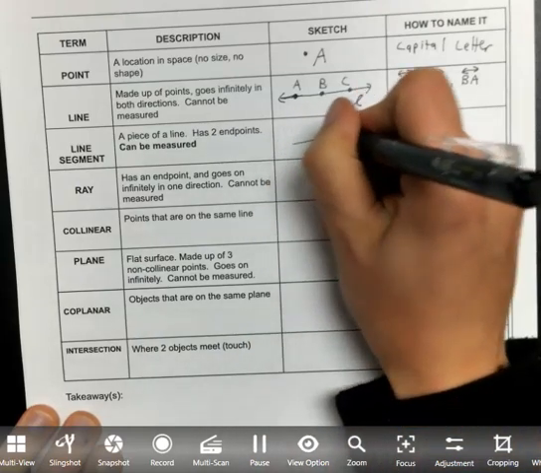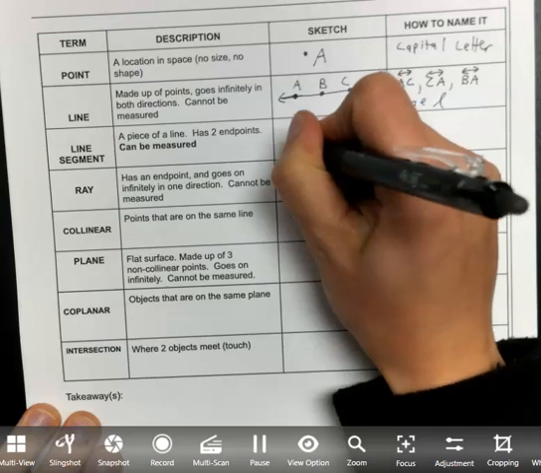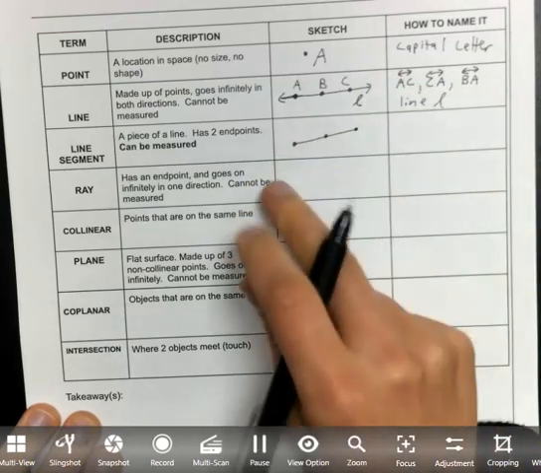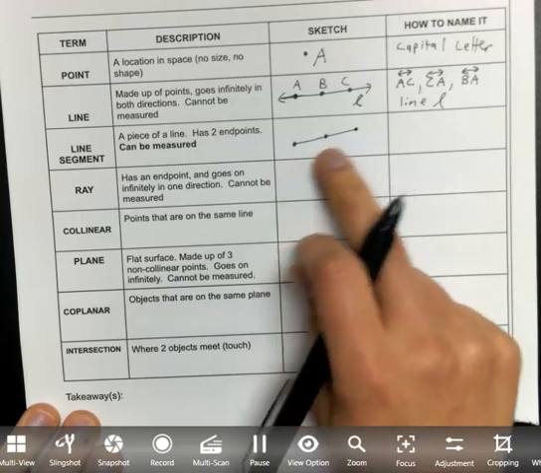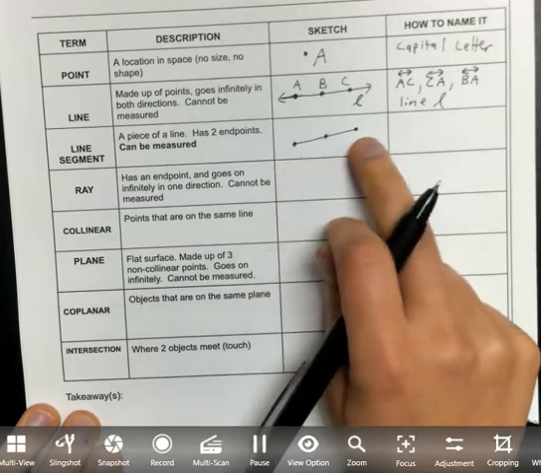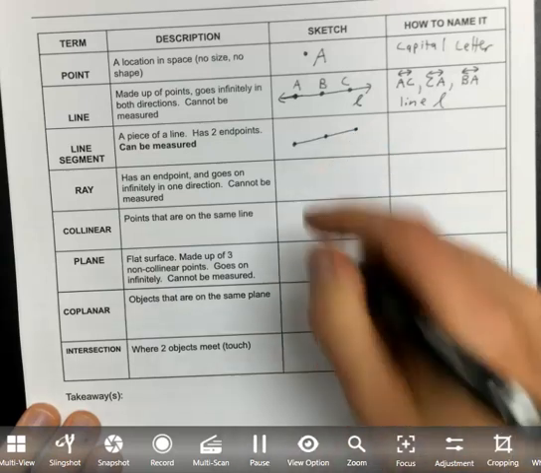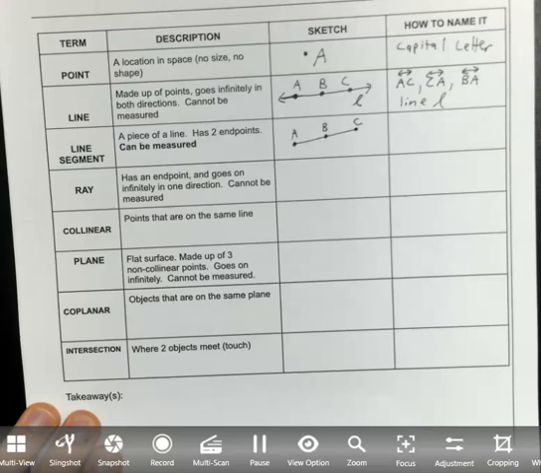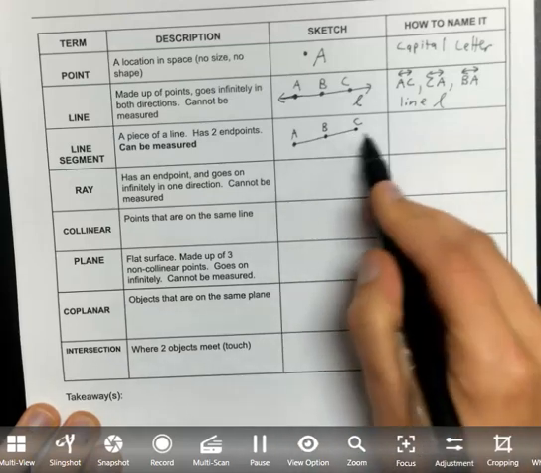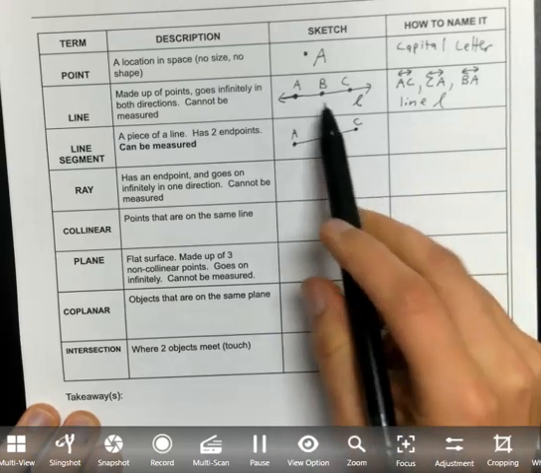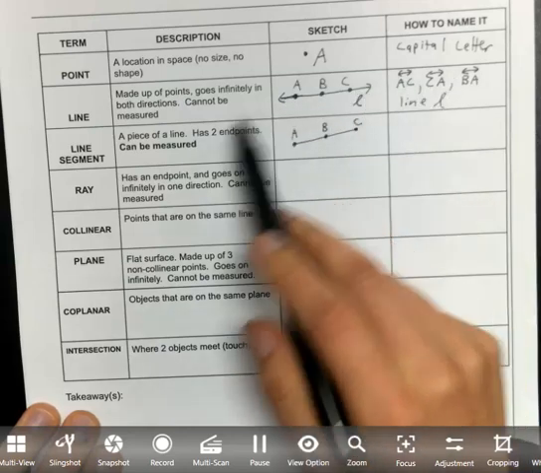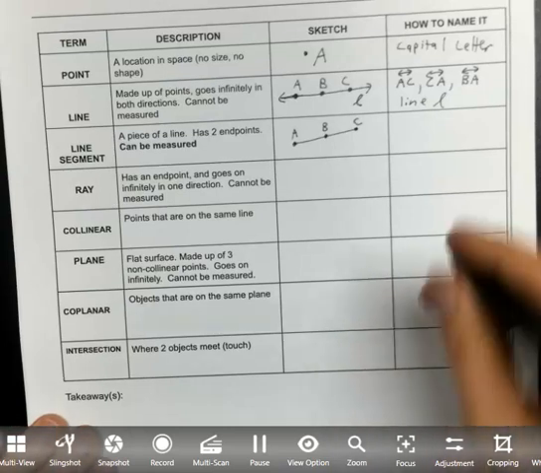Next, a line segment. A line segment has 2 distinct endpoints. Even if we have a point in the middle, if I want to name this entire line segment, then I use my 2 endpoints. You can measure this line segment. You could take a ruler and measure it, but the line itself right here, we can't measure it because it goes infinitely in both directions. You can't measure infinity.